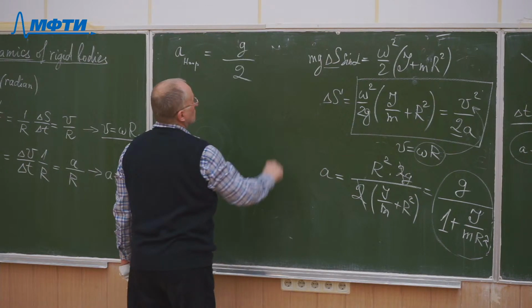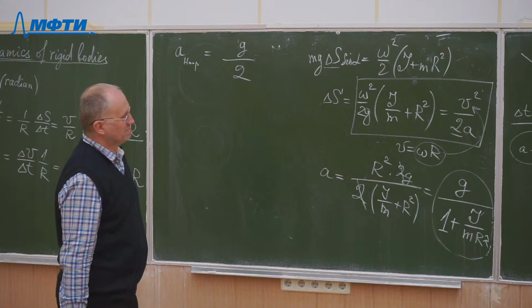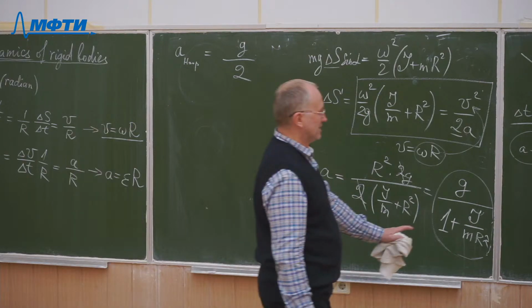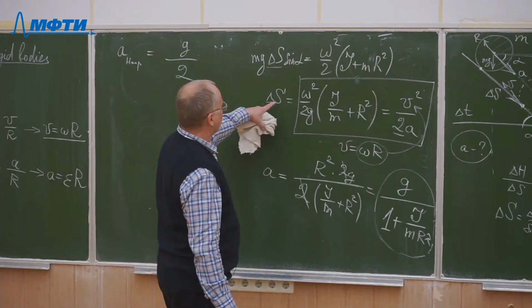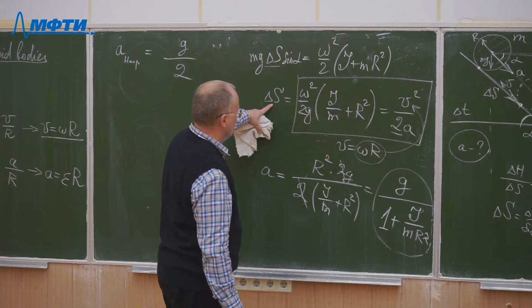Something's missing from here. Where is sine alpha? Nobody tells me. I have missed sine alpha. Where is it? Delta S sine alpha was here, sine alpha is here, and sine alpha here is lost, right? It must be in the denominator.